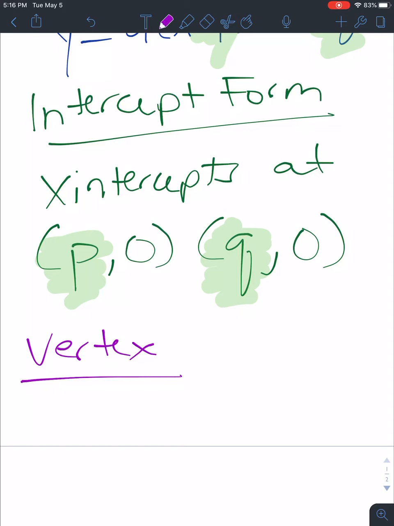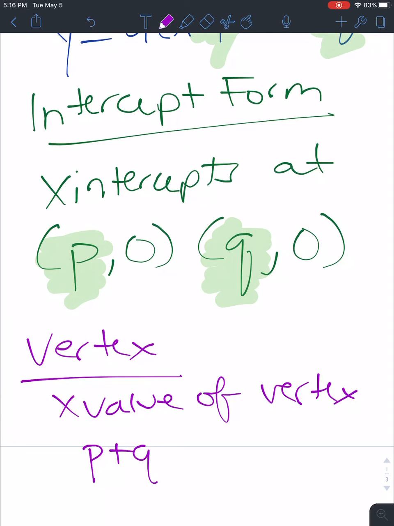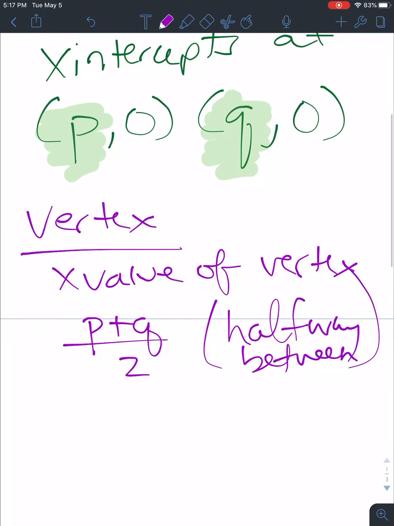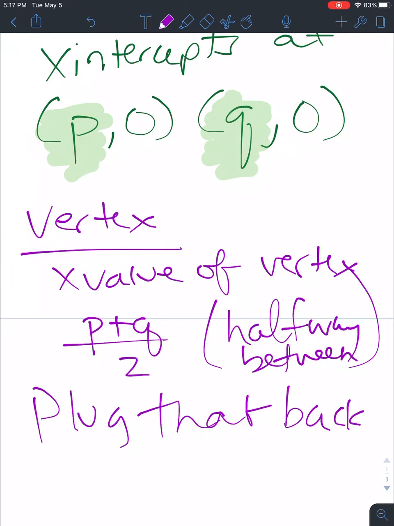Well, that same exact concept is going to be applied here, except for our vertex, the x value of the vertex is at p plus q over 2, or halfway between. All right, so your vertex is always halfway between your two x-intercepts. All right, so that's the x value of the vertex, and then you plug that back in.